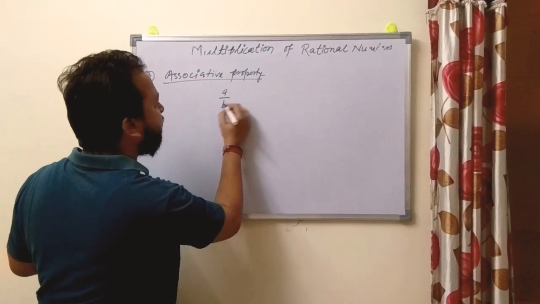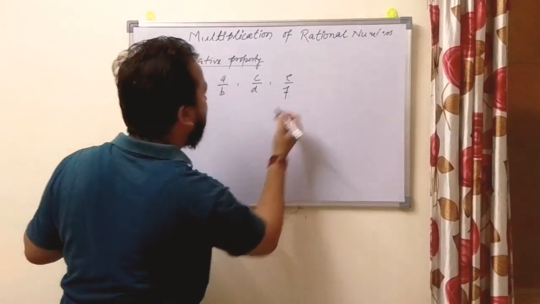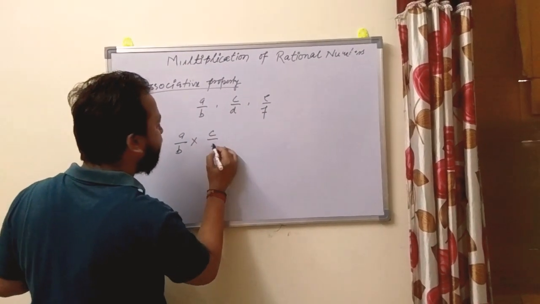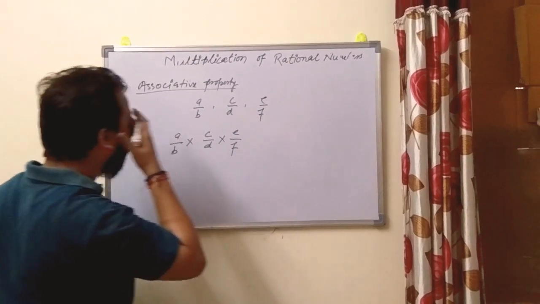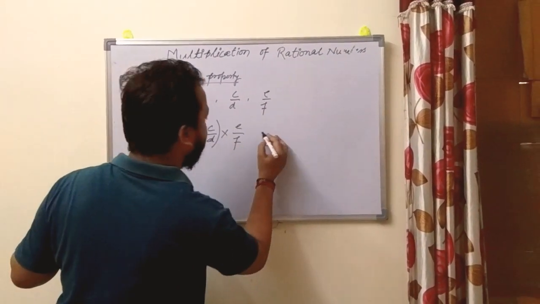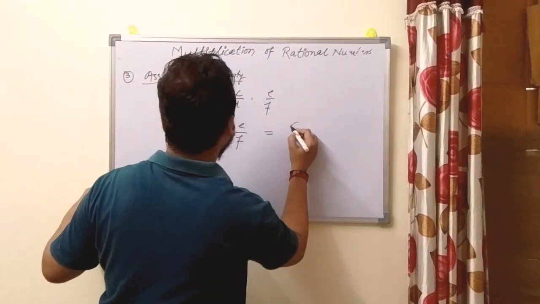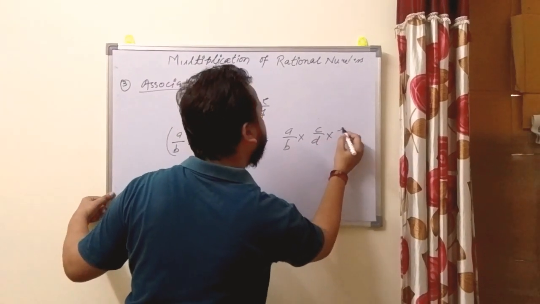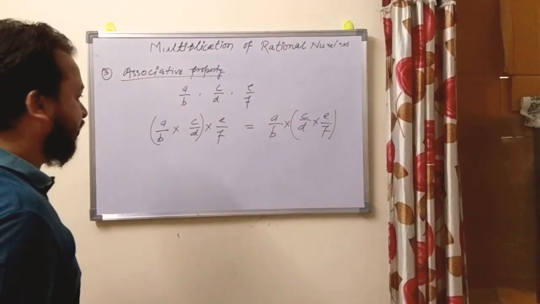Suppose one rational number is a by b, second one is c by d, third one is e by f. So a by b multiplied by c by d multiplied by e by f means we can group in any order. Suppose we group these two rational numbers, the answer will be the same if we group these two rational numbers, right?